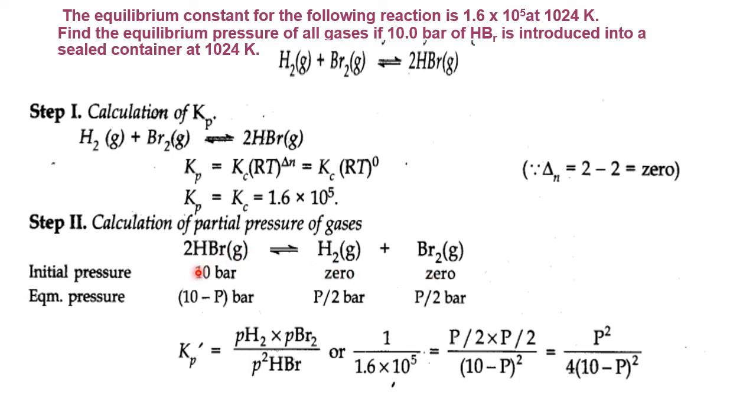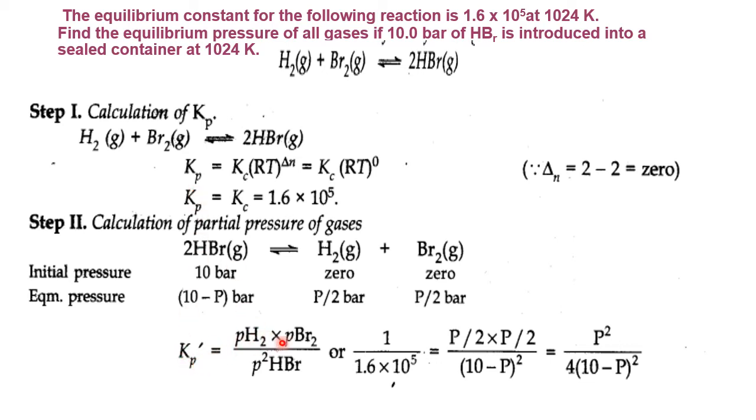That's why, if P amount disappears, since 2 disappears, 1 and 1 form, P disappears, half forms: P by 2, P by 2. So that's why I have taken P by 2, P by 2 here. Now, let us apply Kp prime. Already Kp is taken, so I will take Kp prime.